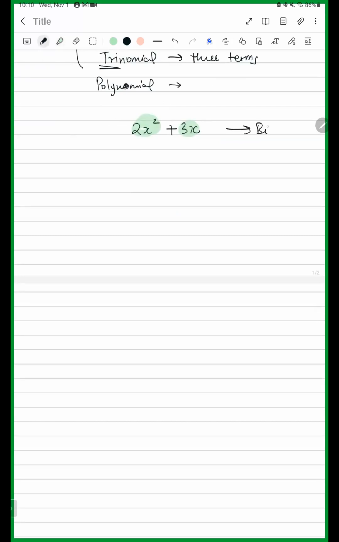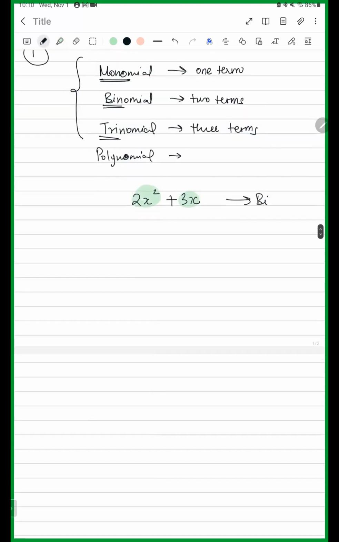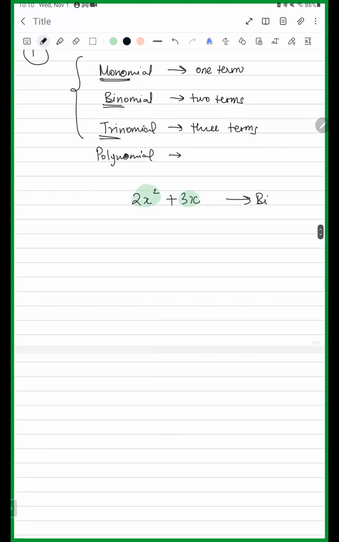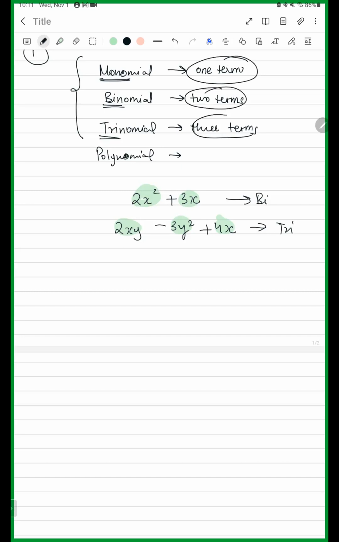And if you have something like 2xy minus 3y square plus 4x, this is going to be a trinomial. You'll just count the number of terms. If it has only 1, you'll say mono. If it has 2, you'll say bi. If it has 3, you'll say tri. If it has more than 3, we don't have a particular name for it, we just call it polynomial.